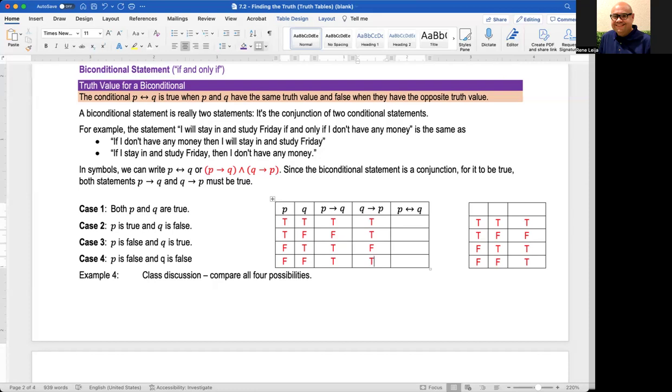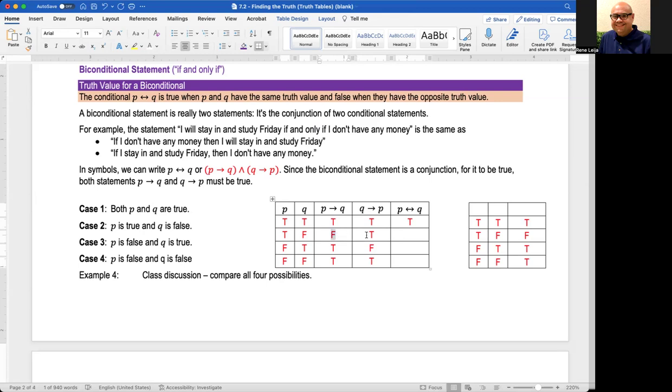Okay. Now, when we look at P if and only if Q, well, both of the statements have to be true. So P then Q and Q then P, both of them are true. True and true. That's a true statement. That's the conjunction. So that's the one where you come to work on time and you wash my car, you get a raise.